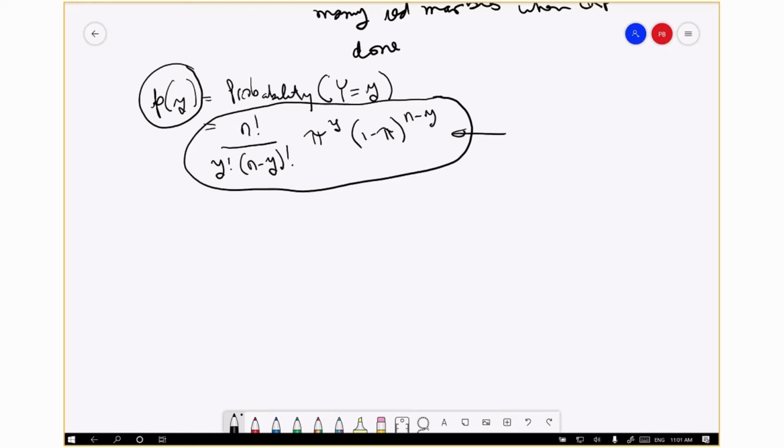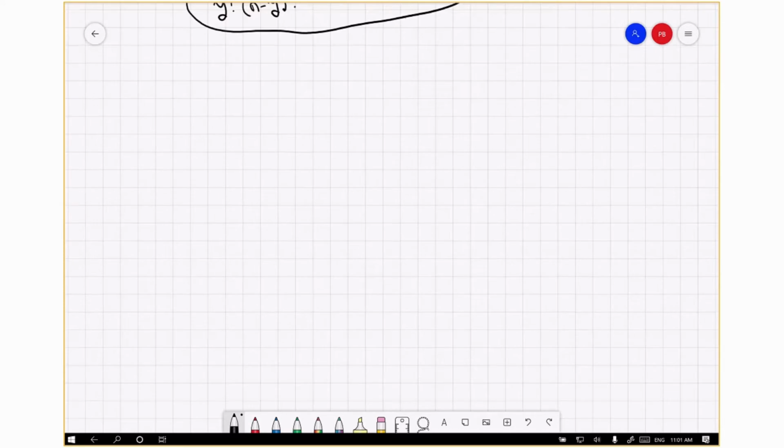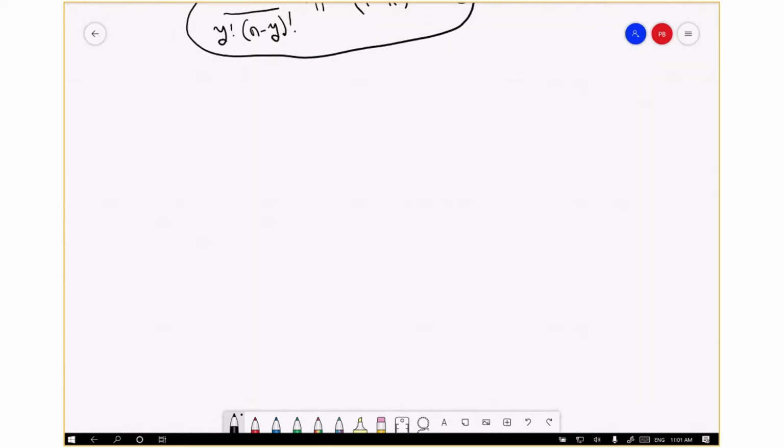So let's go back and think about what a binomial experiment is and why drawing marbles from a bag actually is a binomial experiment. So, a number of features of a binomial experiment.